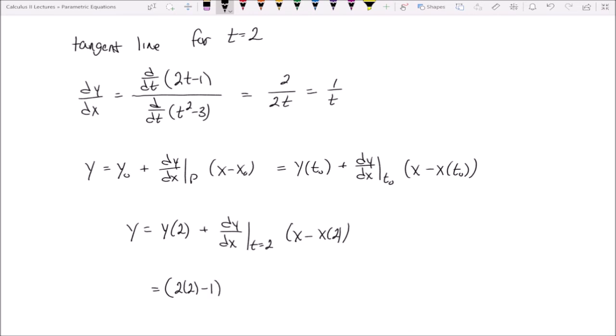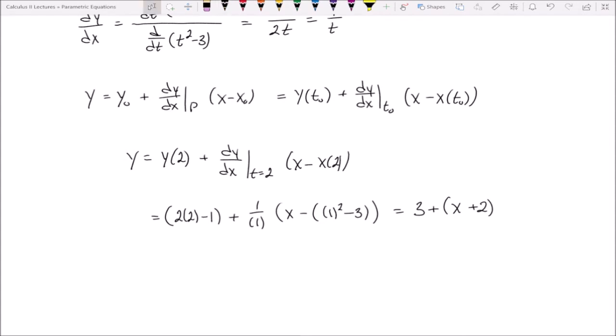Two times 2 minus 1 plus 1 over 1 times x minus 1 squared minus 3. 3 plus the quantity of x plus 2. Right, and so our tangent line. I'm sorry, for some reason I switched from t equals 2 to t equals 1.